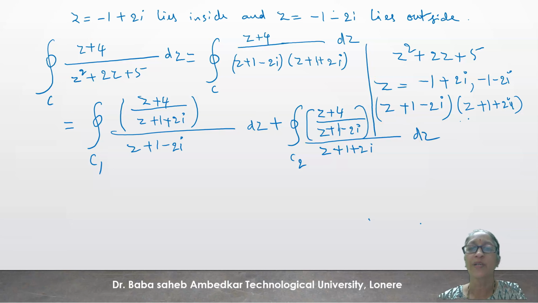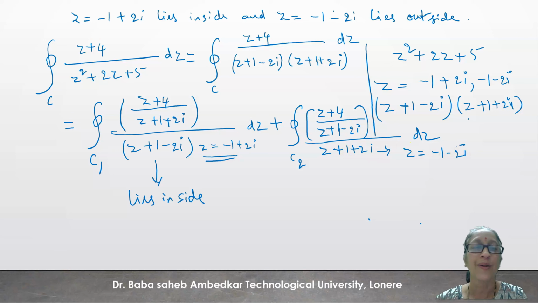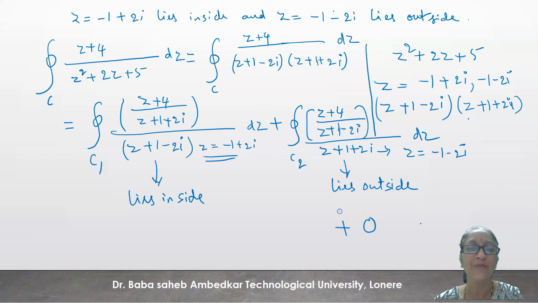Now if you observe, what is the value of z? z equals minus 1 plus 2i lies inside. And z equals minus 1 minus 2i lies outside. If it is lying outside, its value is 0, and directly we can write 0.